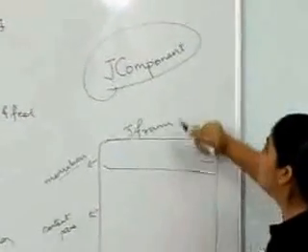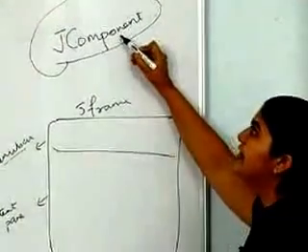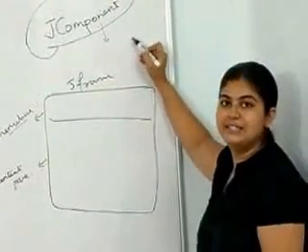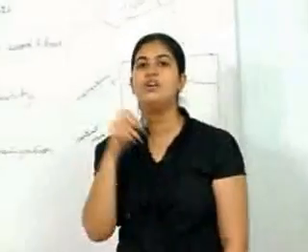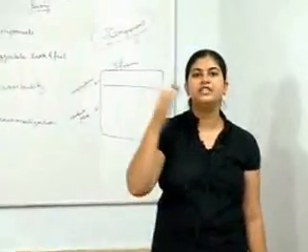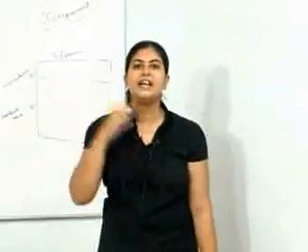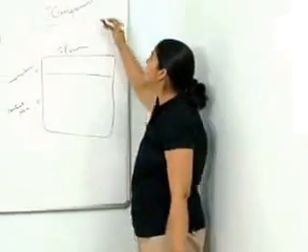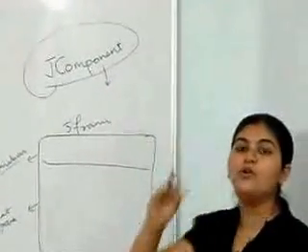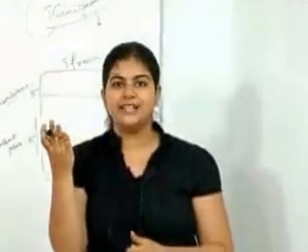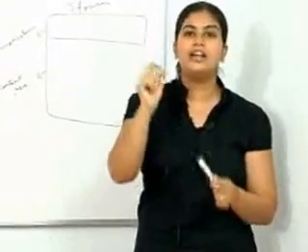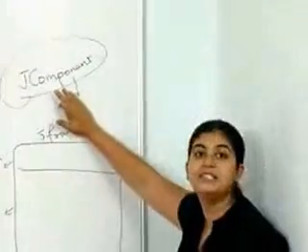So all the functionality or all the features which are there in your JComponent are going to be inherited by all the classes, like your JButton, your JCheckbox, your JRadioButton, your JIcon, your combo boxes, your list, your text areas, your text fields. Everything is going to inherit the features whatever is there in JComponent. We are going to discuss in detail what all features are there in JComponent and how all the features are inherited by all the components which are getting extended from this class.